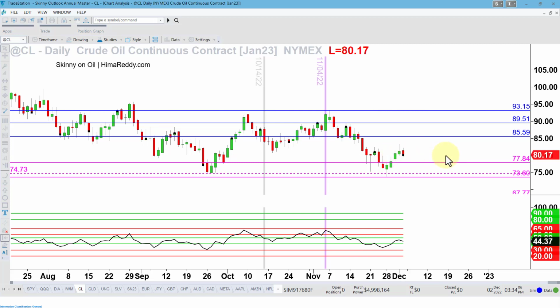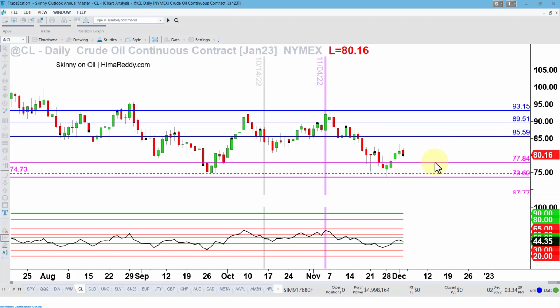So to summarize, the oil market looks like it's in a position to continue to roll higher and get back into that $89 to $93 range over coming weeks. What needs to happen is that it needs to stabilize. It needs to form a low while it's in this 77.84 to 73.60 range.